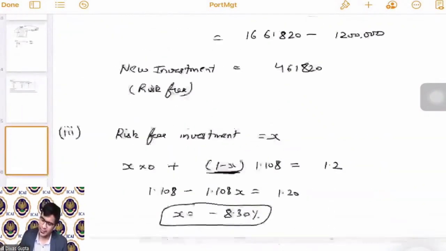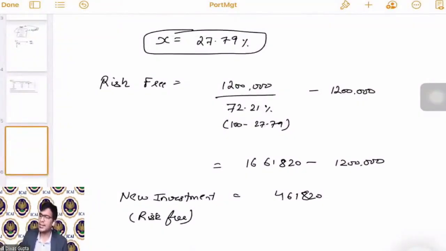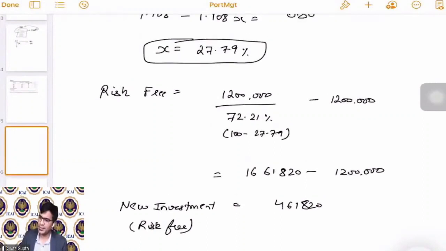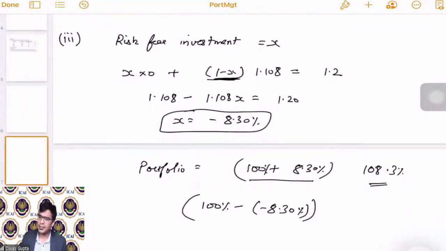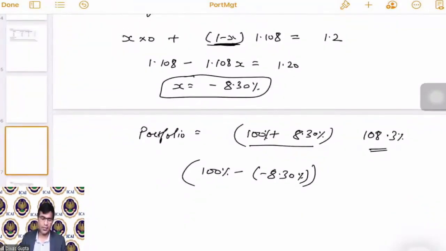Okay, so Sairam is asking x is equal to 460. See, in the first part, Sairam, it is 4,61,820. Sorry, in the second part, which is the new investment. And for this, we are just calculating now the revised portfolio.